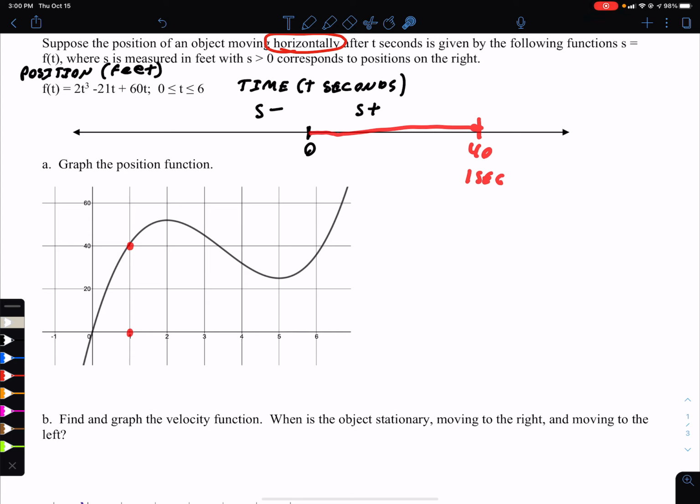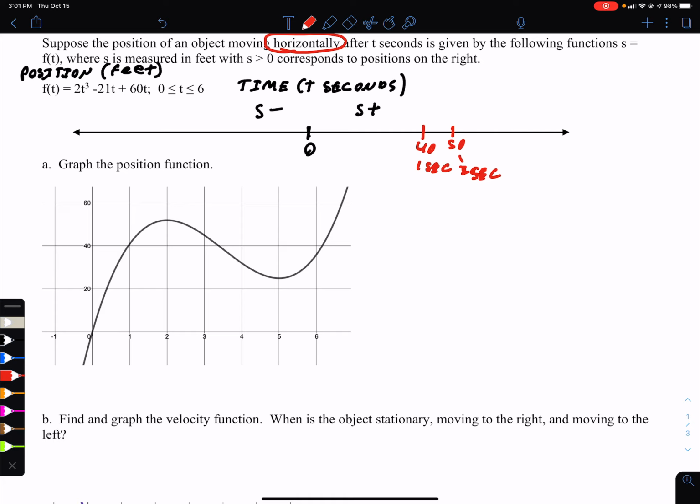Now, if you go for another second, at this point here, he's going to be at 50. So I'll label these in arrays. Suppose this was 40, that's 1 second. And then he's going to be at 50, and that's at 2 seconds. So you can see the particle's moving to the right up to 2 seconds.